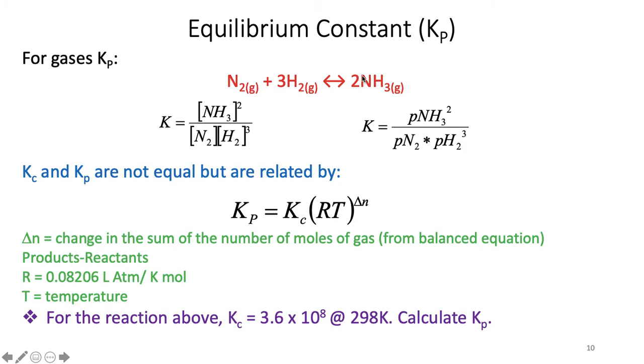So if the moles of NH3 were 4 here and the total number of my reactants was 4, that change in moles would be 0, which would make RT raised to the 0 power a 1. Kc times 1 is Kc, and therefore Kp would equal Kc. That's the only time these two values are the same. If the number of moles changes, delta N is not 0, and therefore these will be slightly different.